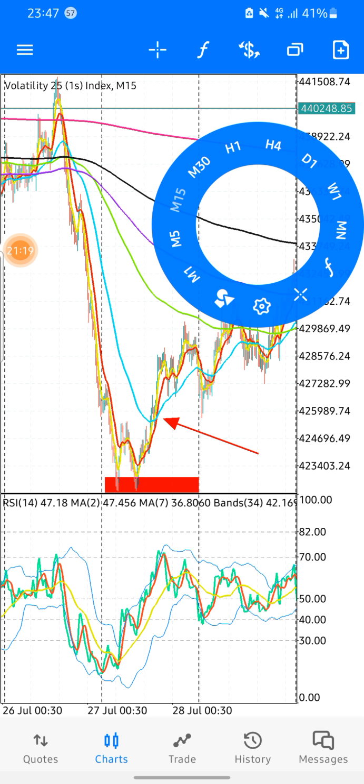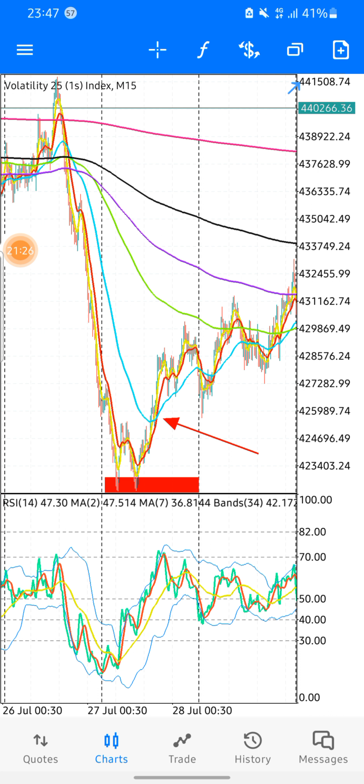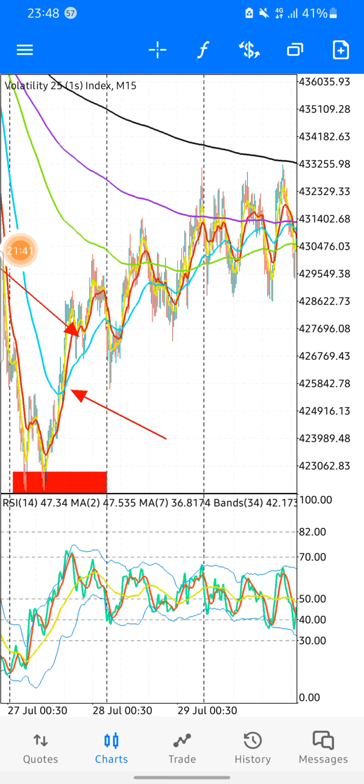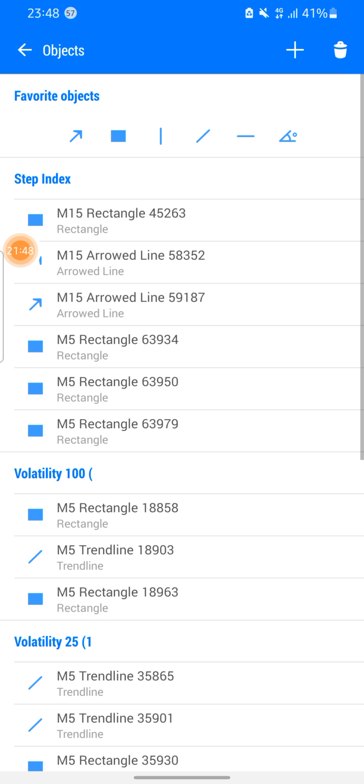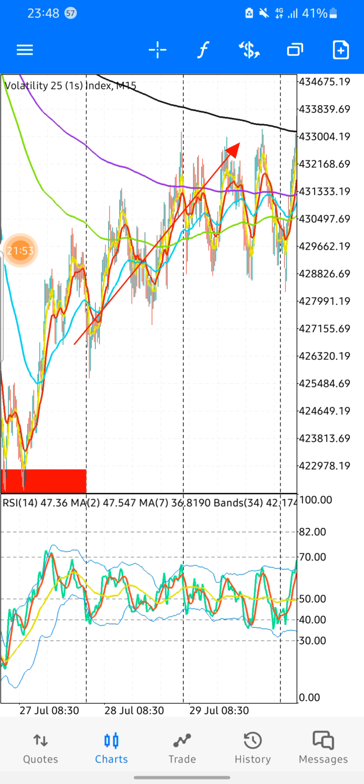After the 1350 cross, we check for our pullback, which this one is, and as you see, price touched the 50 EMA, right? After price touched the 50 EMA, price then moved safely upwards. I think this is so clear.